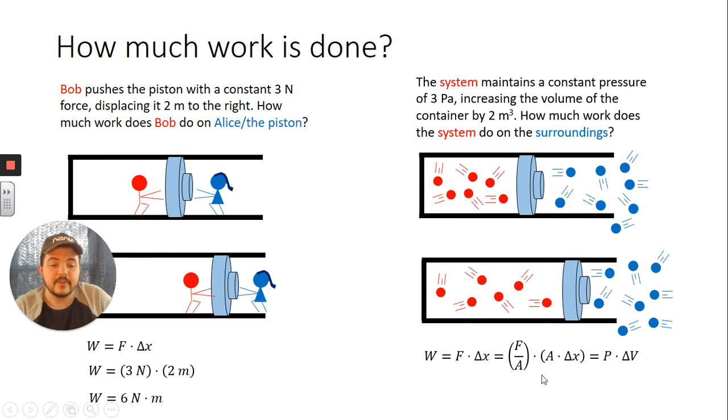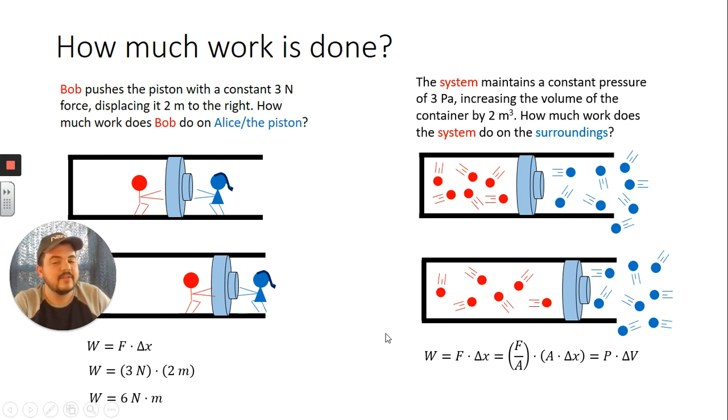This is a helpful expression though, because force per area, that's our definition of pressure. And if we take the cross-sectional area and multiply by how much linear displacement there is on that piston, you're going to get how much the volume expanded, how much change in volume there was. And so we get work is also equal to pressure times change in volume.